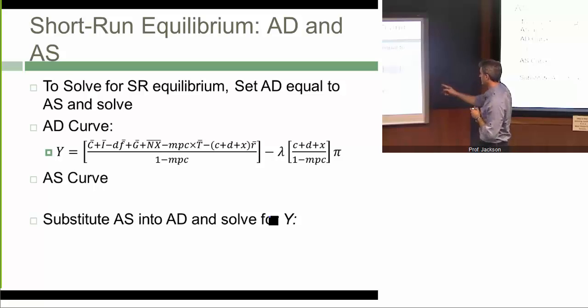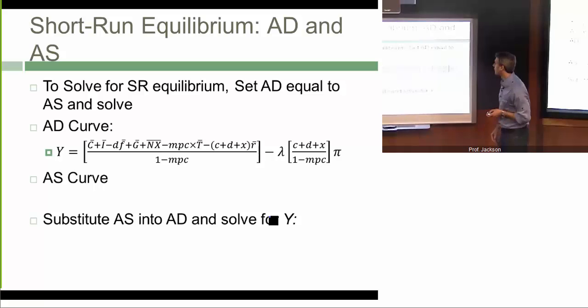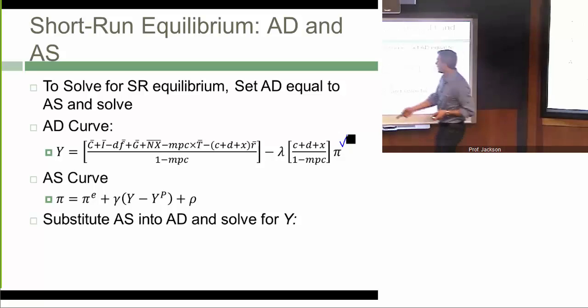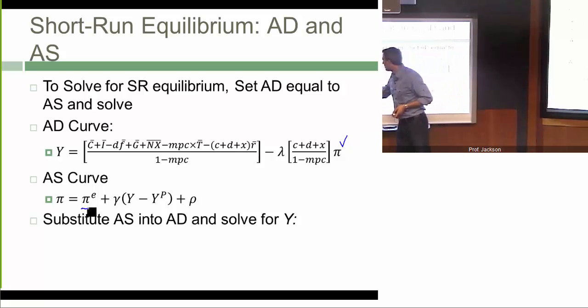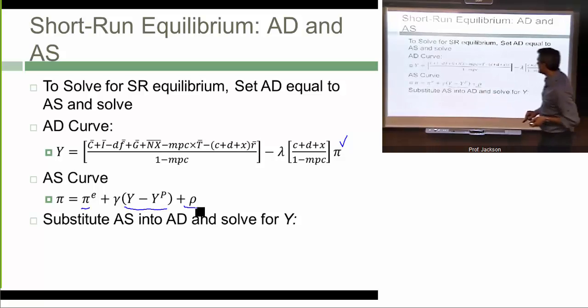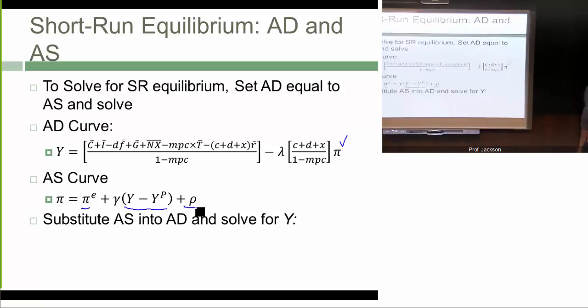So as I just showed you, our aggregate demand curve in its general form looks like this ugly equation right here. And in Chapter 11, we derived a short-run aggregate supply curve that looks like the following, where inflation depends upon inflation expectations, this output gap term, and any presumably temporary price shocks that occur.